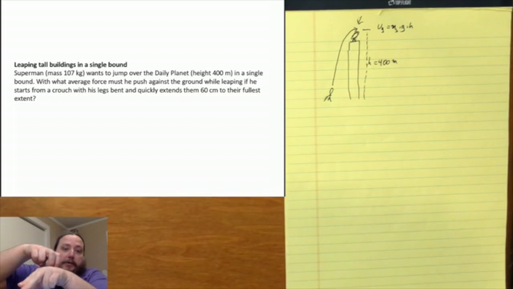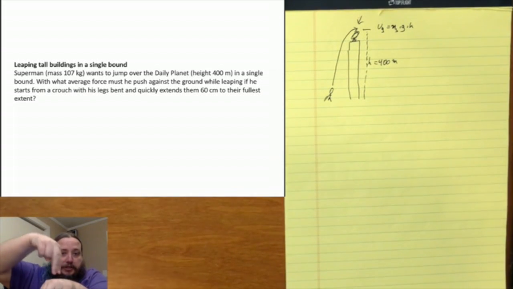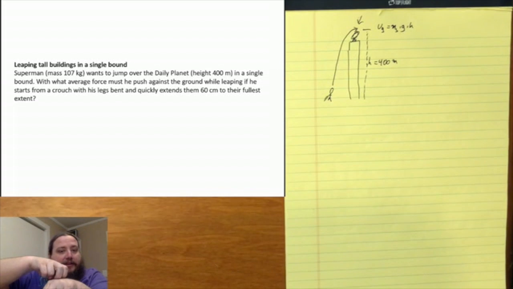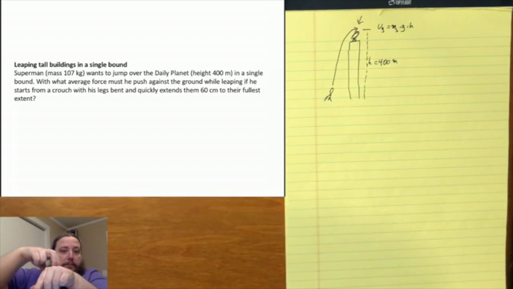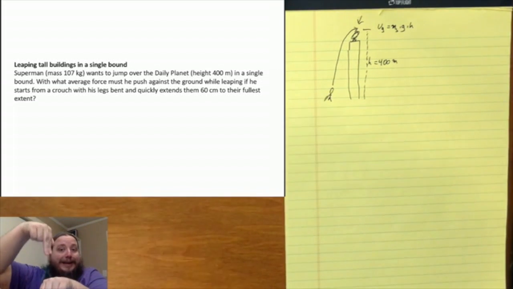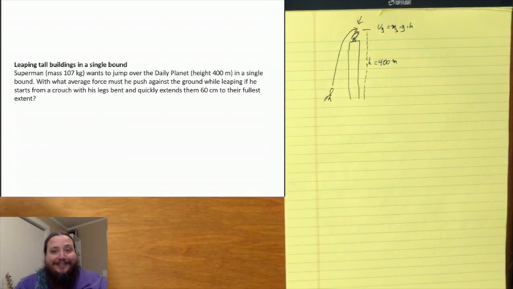All right, so he has to push against the ground, and as he does so, the ground pushes back on him with an equal and opposite force. So he's pushing on the ground, the ground is pushing on him, and he's moving through a distance of 60 centimeters during the time that the ground is pushing up on him.